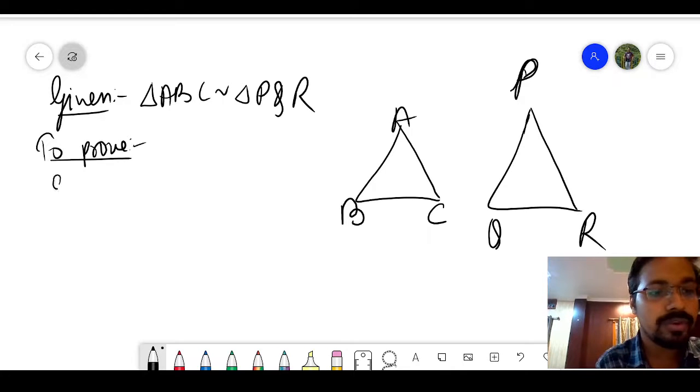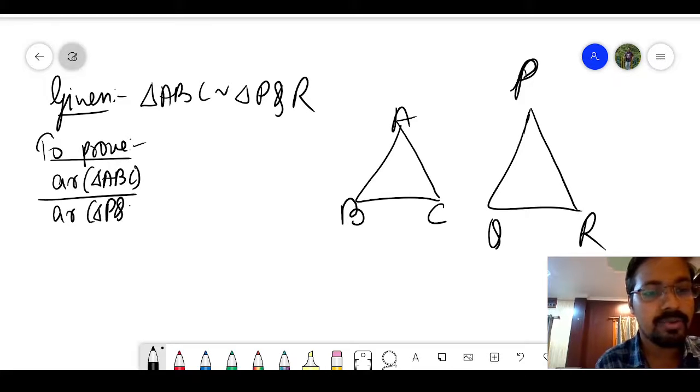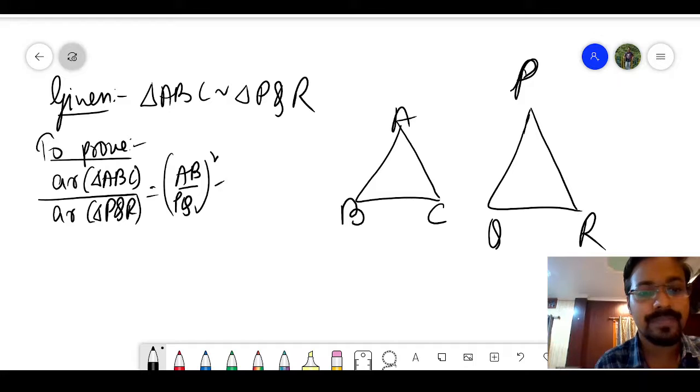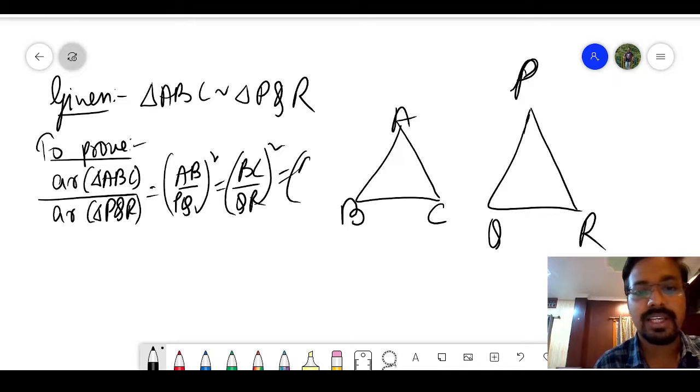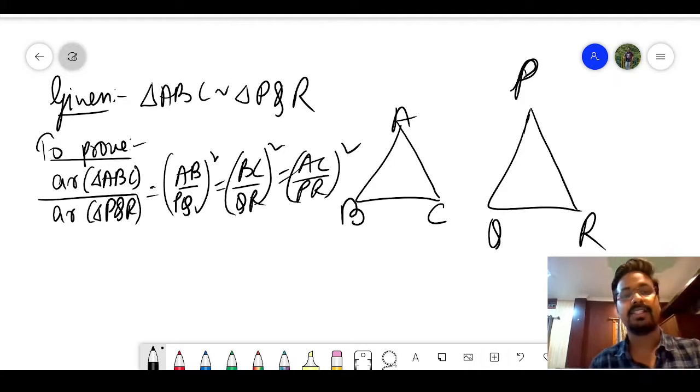We have to prove that the area of triangle ABC by the area of triangle PQR is equal to AB by PQ whole square, which is equal to BC by QR whole square, which is equal to AC by PR whole square. This is what we have to prove.